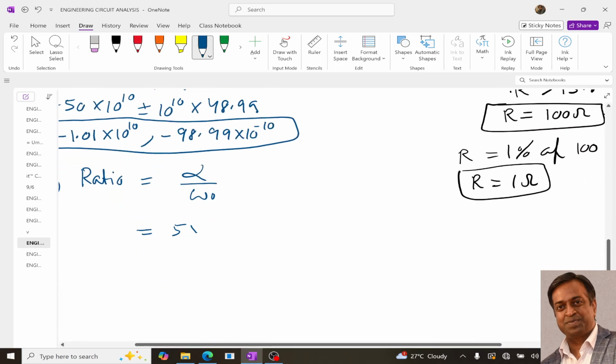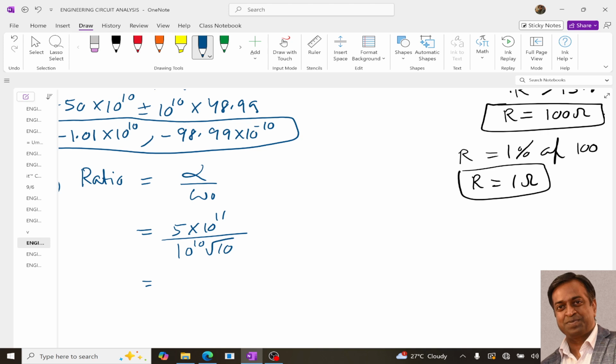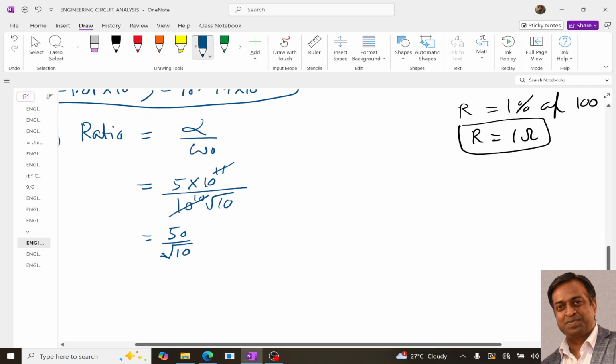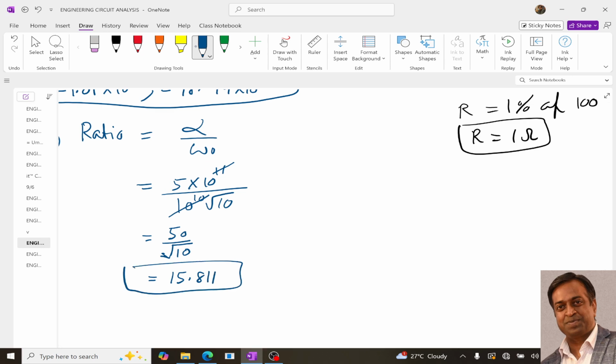So 5 into 10 power 11 upon 10 power 10 root 10, and the powers of ten cancel out. So we get 50 upon root 10, which is around 15.81. So this is our damping ratio for the second case.